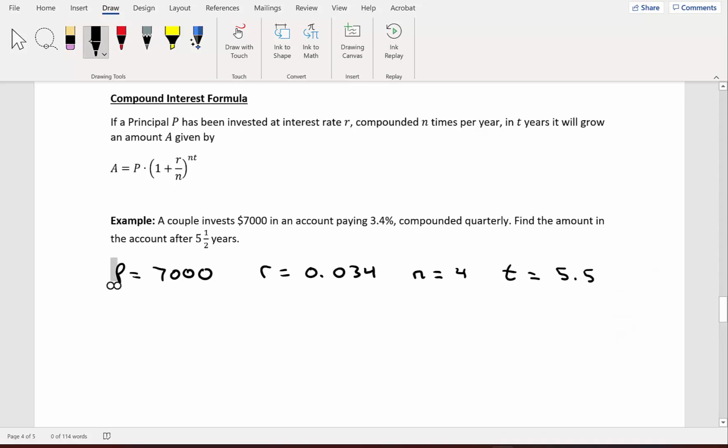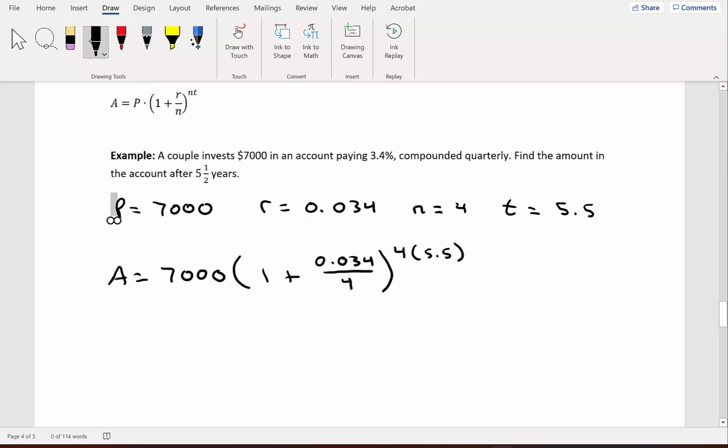Now we plug it into our formula. A is equal to our P, which is 7,000, times 1 plus our R, which is 0.034, divided by n, which is 4, raised to the n times t, so 4 times 5.5. Now it's all about simplifying.